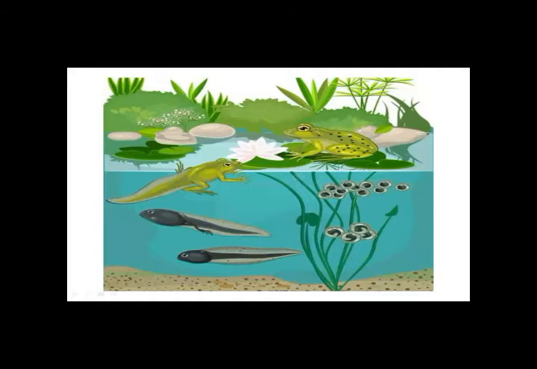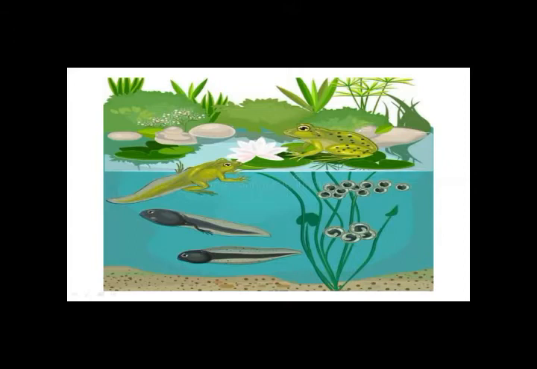But most of the eggs get destroyed due to the rain and sometimes due to the wind. Okay, what is wind? A very strong air is called wind. Most of the eggs get destroyed and only a few eggs are left. You can see here only a few eggs left.